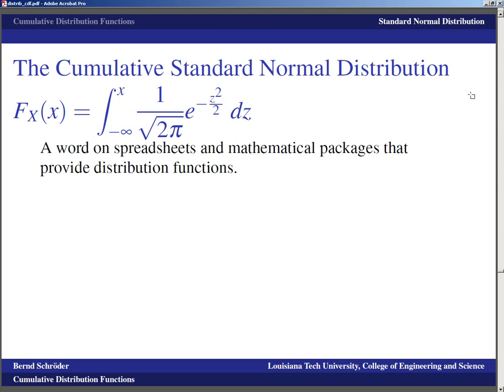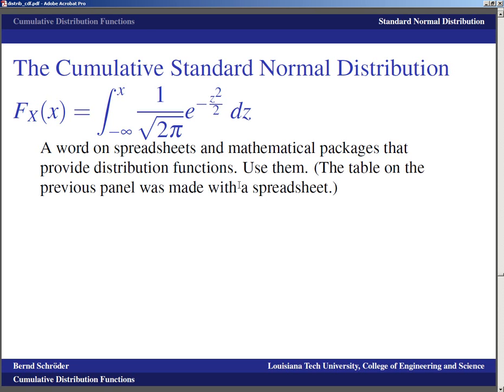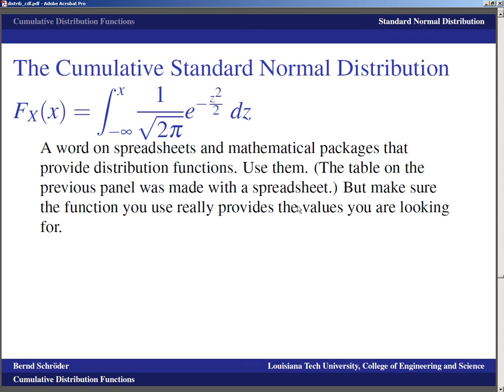The remainder of this presentation is now just all about how we get values out of the table. And before we do that, a quick word on spreadsheets and mathematical packages that provide these functions. For goodness sakes, use them. If you have your computer fired up and if everything is there and you don't want to use a table, it's probably as fast to just type things into the package. And so also, for example, the table that we've got on the previous panel, I made that with a spreadsheet.